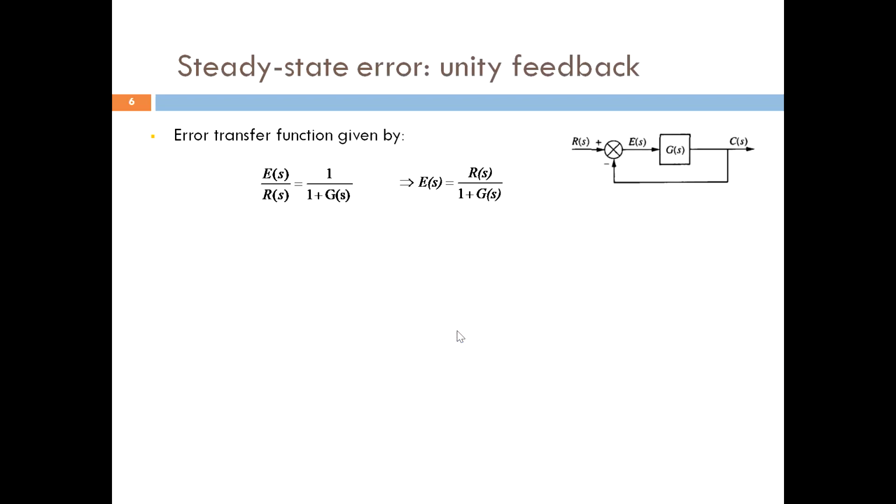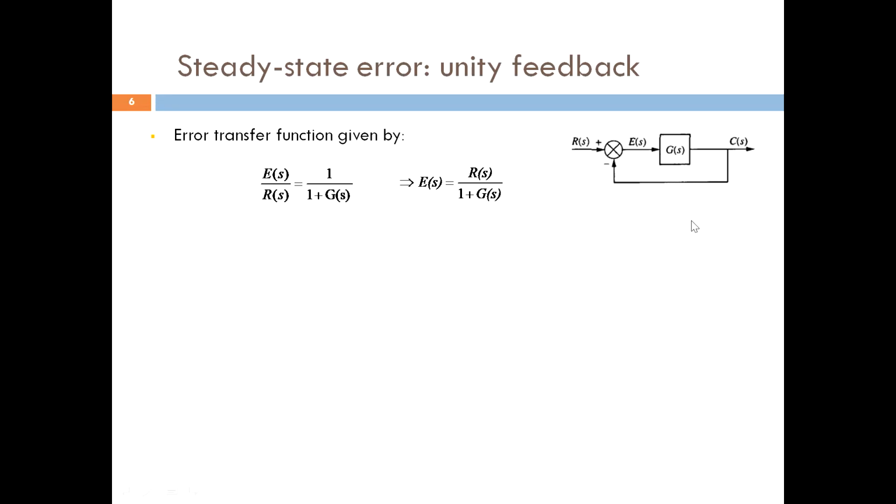Okay, so now we are going to look at the derivation of the expression that we use in our steady state error calculations. So we start with the error transfer function that we saw earlier. This is specifically for a unit negative feedback system.